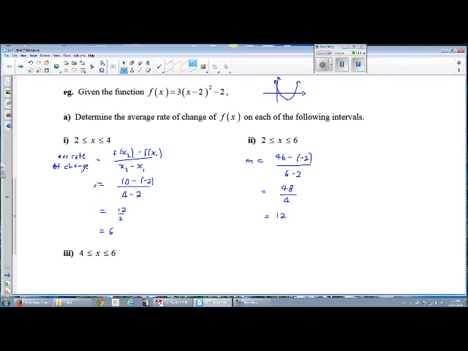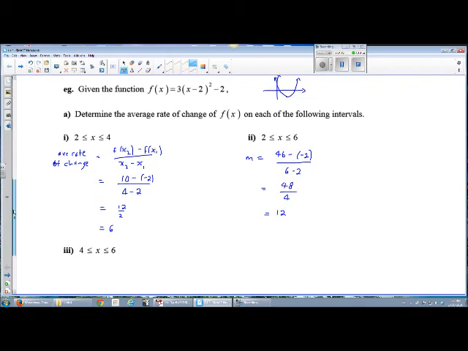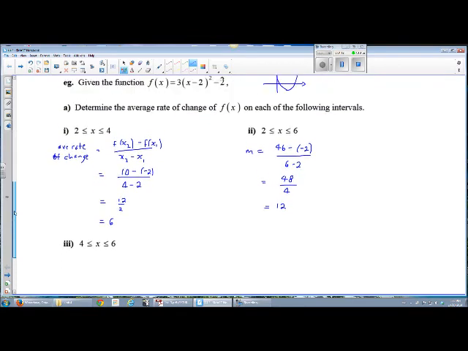So the average rate of change between the 2 points, between x values of 2 and 4, is 6. The average rate of change between the 2 points where the x values are 2 and 6 is 12. And now the average rate of change on the interval from 4 to 6 is, we've got the 4 is 10, the 6 is 46.